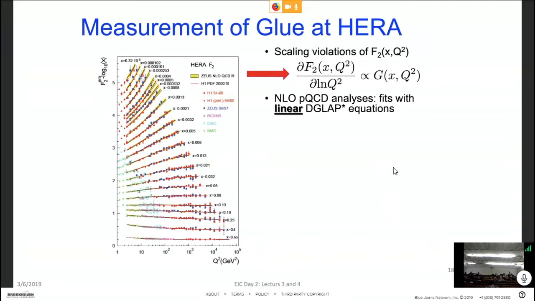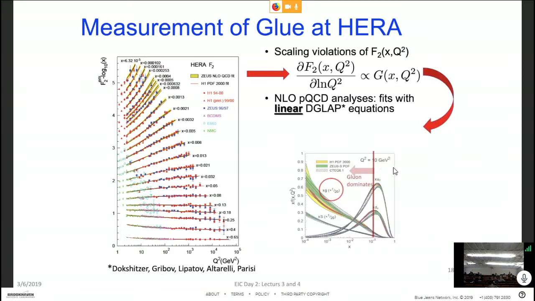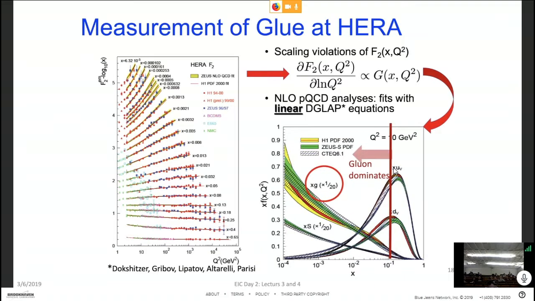The most precise value of the gluon distribution comes from HERA's slopes. And those were then used at RHIC and LHC to improve upon by looking at other variables. To do that, we have to use the linear DGLAP evolution equation. And as a product, you get all the parton distribution functions, which are shown in this best fit plot.